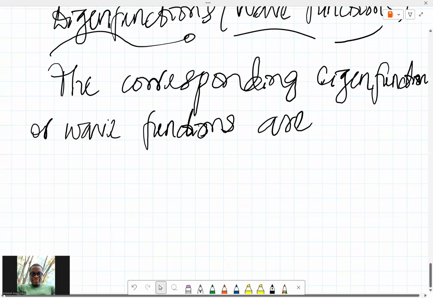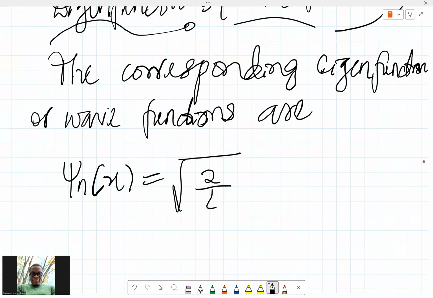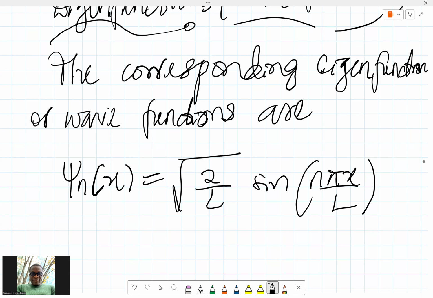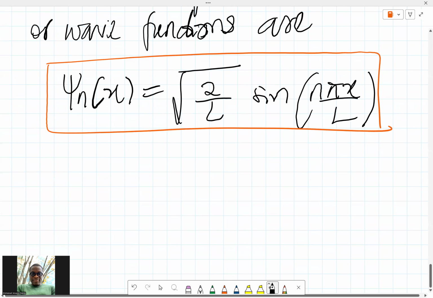are phi n of x, that's the general expression, which is square root of 2 over L sine n pi x all over L. So this is the general formula for that. And from there, we can get the results as follows.